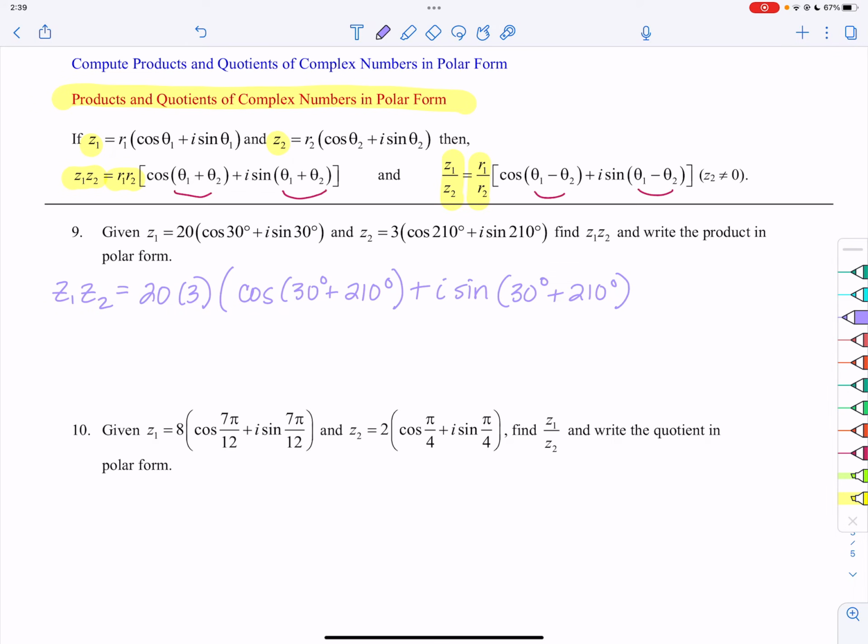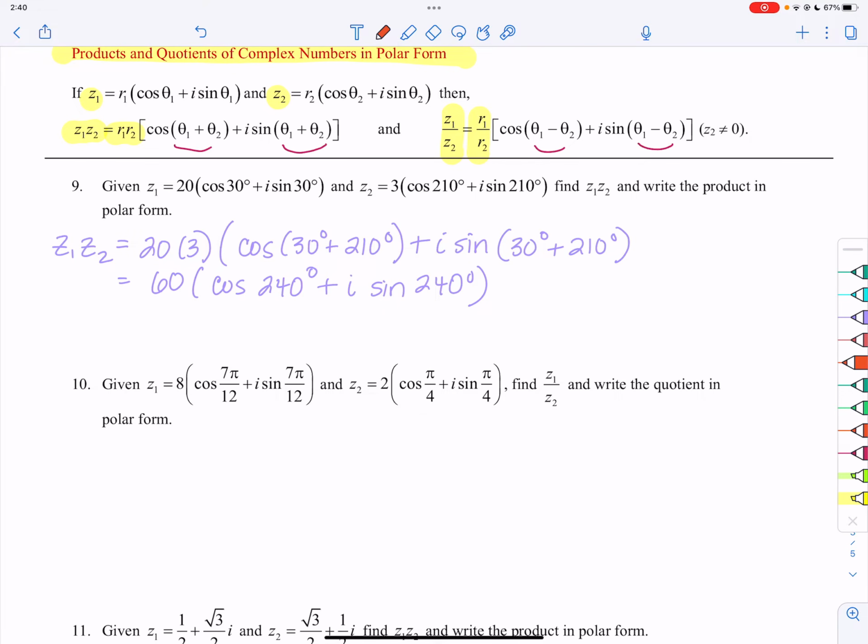So that comes out to be 60 cosine of 240 degrees plus i sine of 240 degrees. And how could we also write this? We could also say that this is equal to 60 cis 240 degrees.